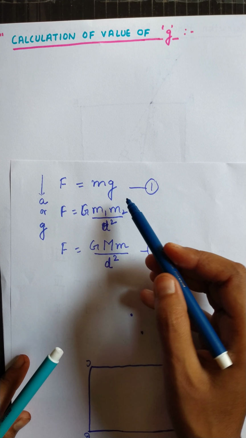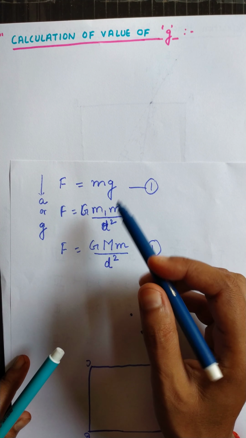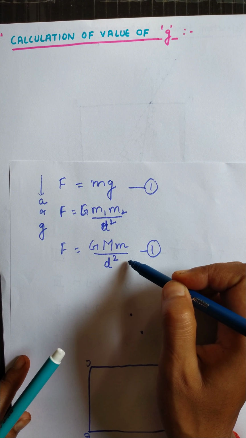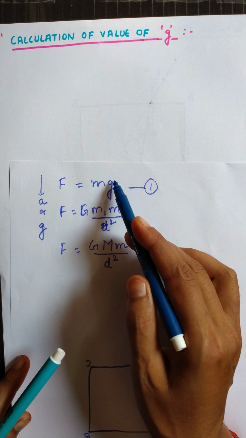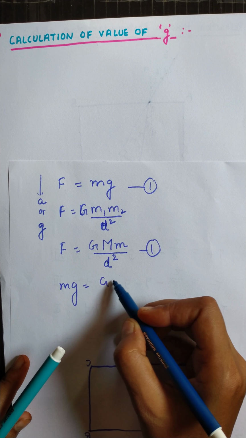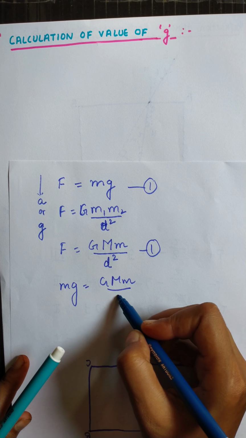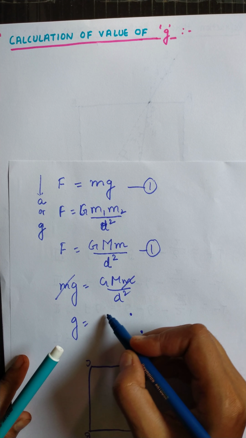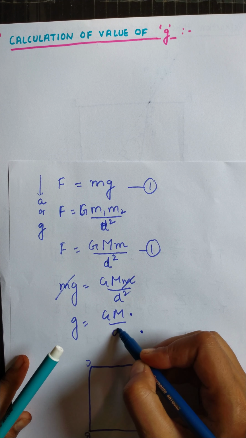These are the two equations of force that we have. We put the value of F from the first equation equal to the second equation, because both are the values of F. So we can write mg is equal to capital G, capital M, small m upon d square. m cancels. Small g is equal to capital G M upon d square.